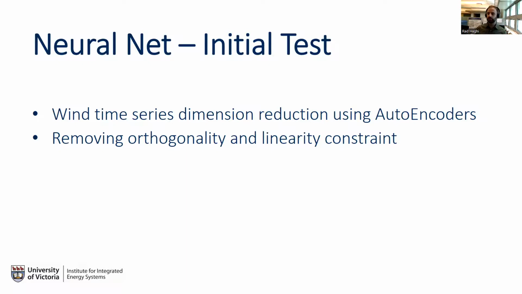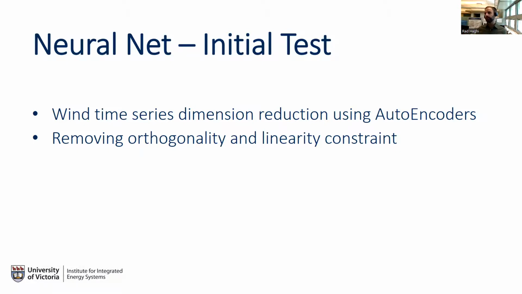What we are thinking about is, first, as we talk about the wind time series, and we said in order to generate them, you need a large number of random variables. We are thinking about using autoencoders in order to reduce any wind time series that we have.